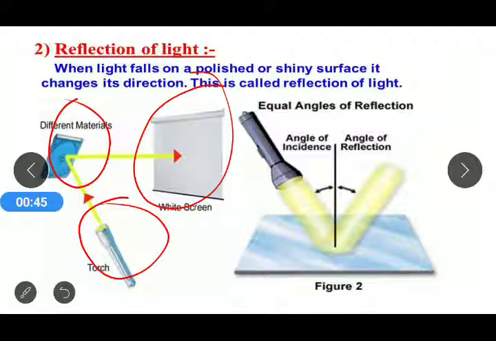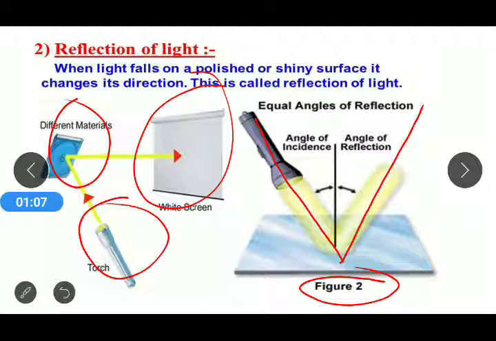We have also learned what the first law of reflection is. When light is incident on a reflecting surface, as shown in figure 2, it reflects back by the same angle.